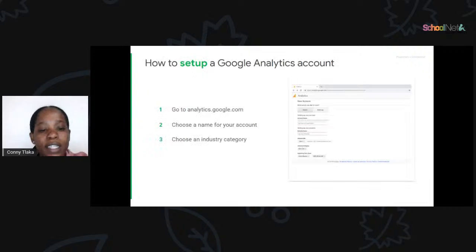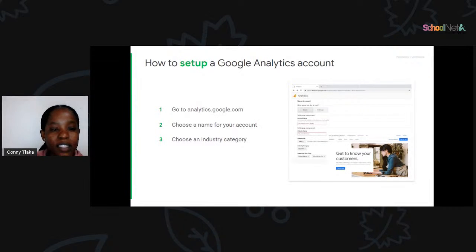So you need to set up a Google Analytics account. When you set up a Google Analytics account, you need to go to analytics.google.com and choose a name for your account. After you choose a name, you need to choose an industry category.